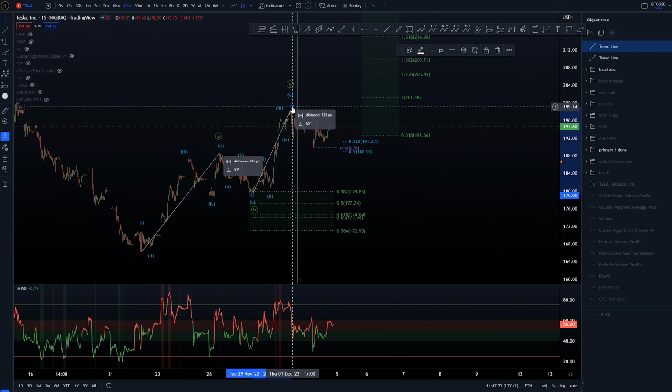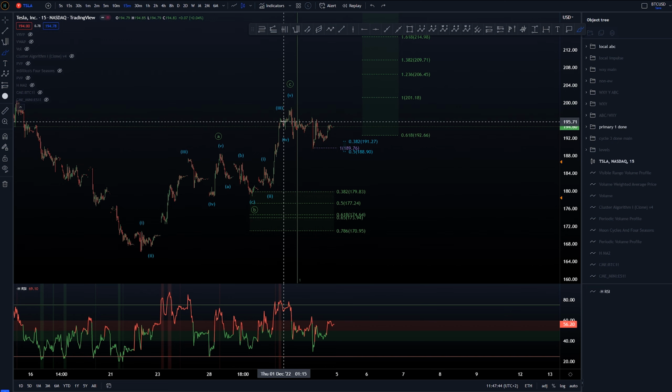So the C wave would be way larger, or way more bullish, in this scenario. Generally, we want to see it the other way around, where A is more impulsive than the C wave. But again, that is not making it any less possible. That is still possible.